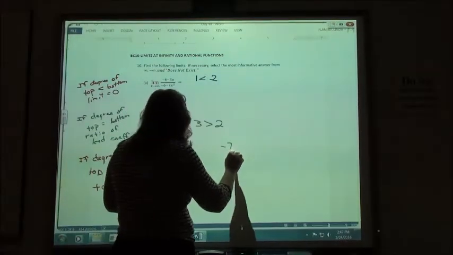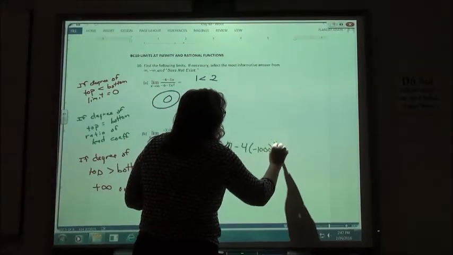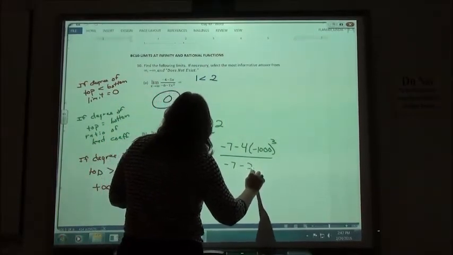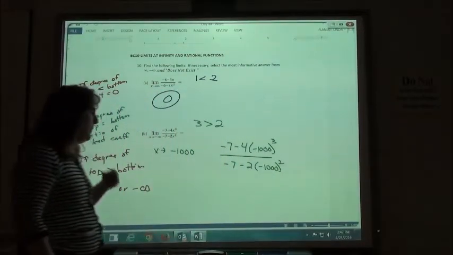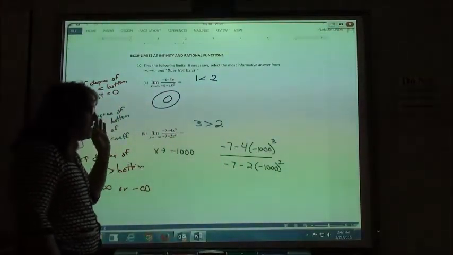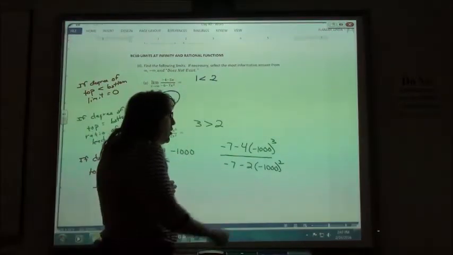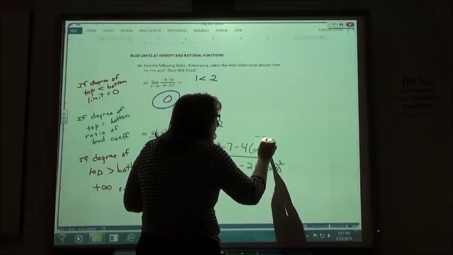So negative 7 minus 4 times negative 1,000 cubed over negative 7 minus 2 times negative 1,000 squared. Now, I'm just worried about the sign. I'm really not even worried about my numbers. So if I take negative 1,000 and I cube it, that's going to stay negative.